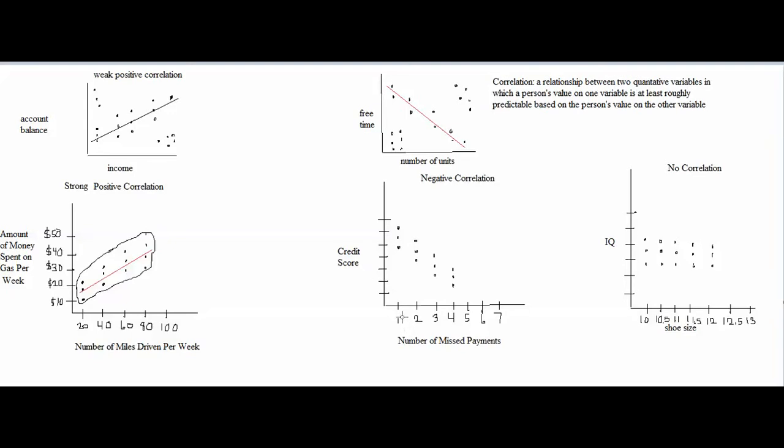So if you miss more credit card payments, your credit score will go down pretty consistently. In other words, you probably aren't going to find many people down here who haven't had very many missed payments but still have low credit scores anyway. And you probably aren't going to find very many people up here who are missing a lot of payments but still have good credit scores.